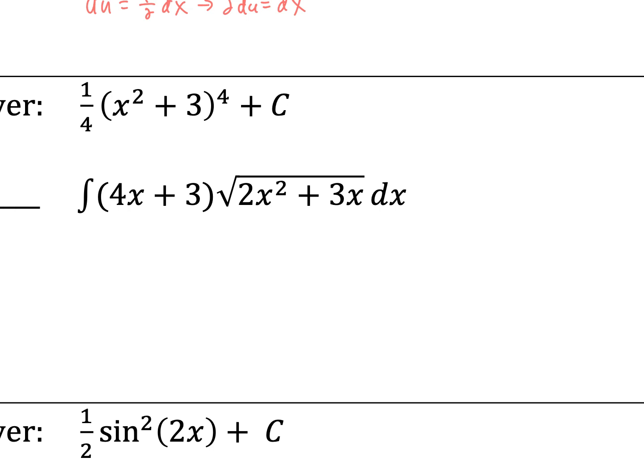So even little changes make it not possible to integrate, but that means problems are going to be created that do work out. Okay, so now definitely we'll make u the thing underneath the square root.